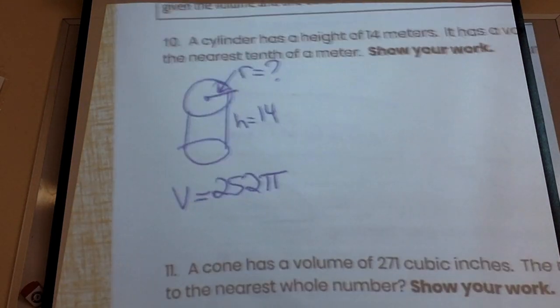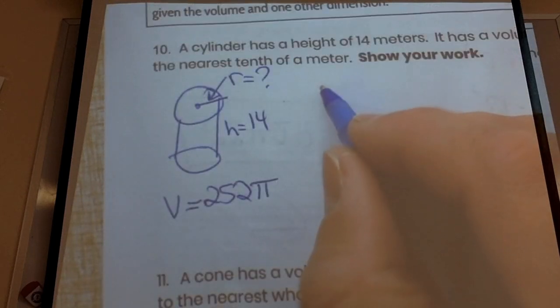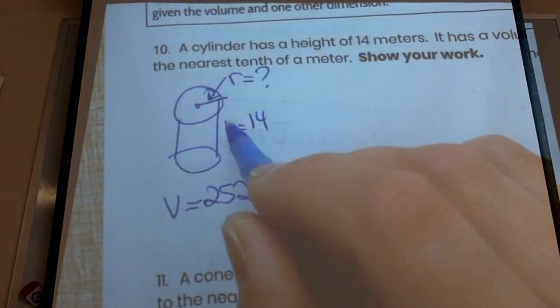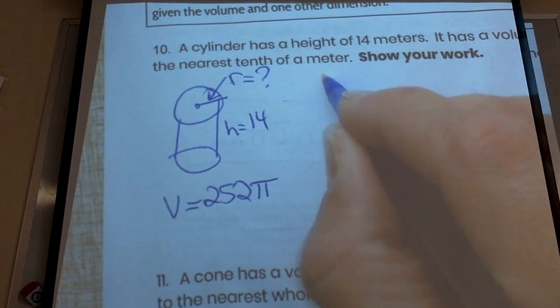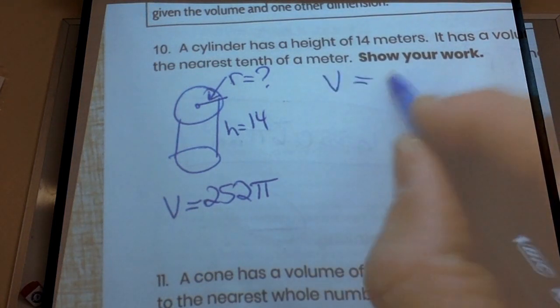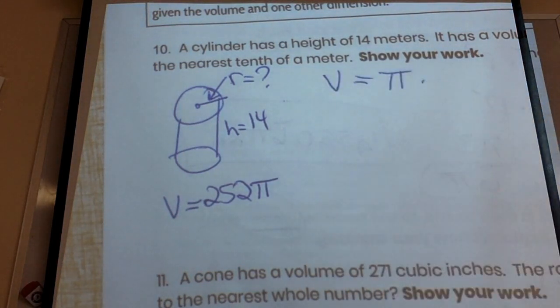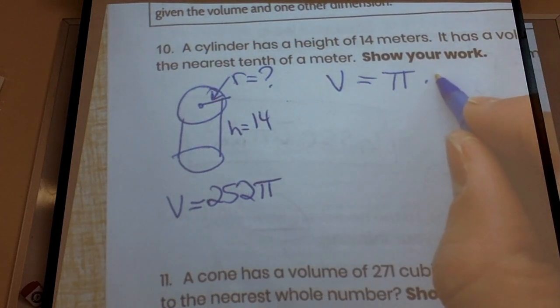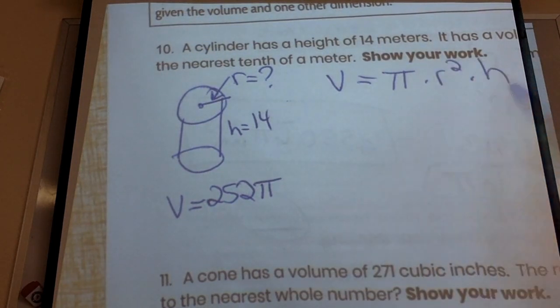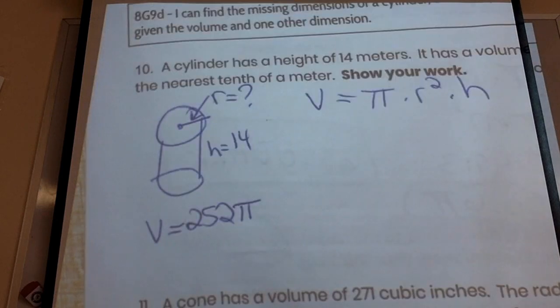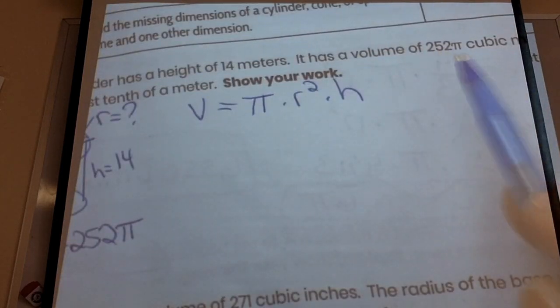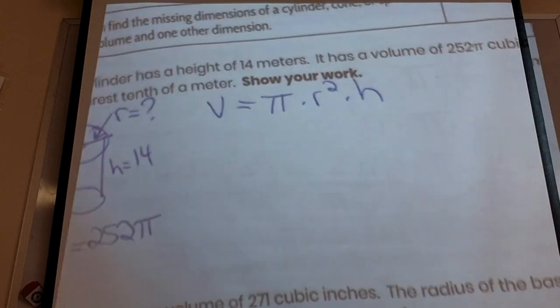So we're going to use our formula of finding the volume of a cylinder to be able to find out our radius. So volume equals, remember, it's going to be pi times radius squared times our height. And since our volume is in terms of pi, we're just going to keep it in terms of pi.